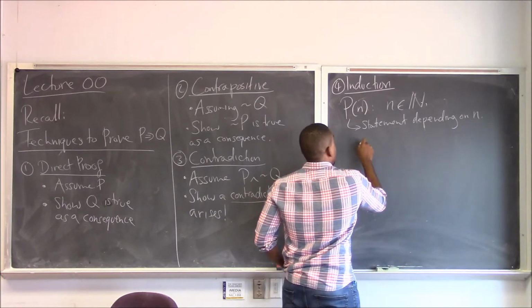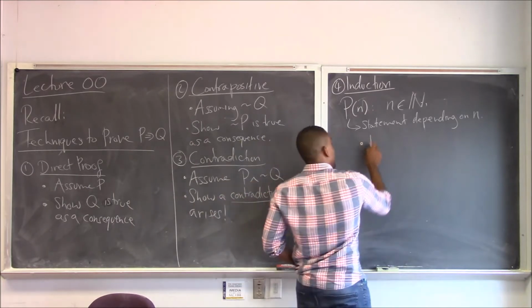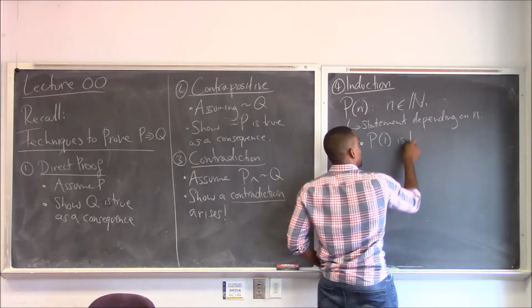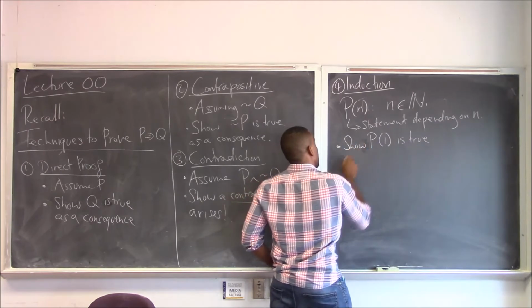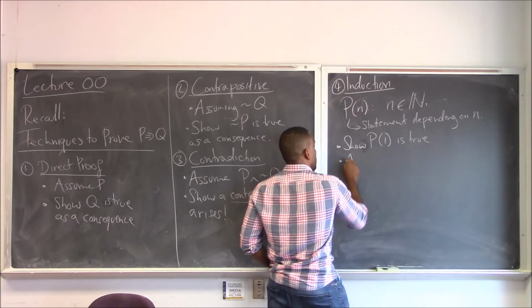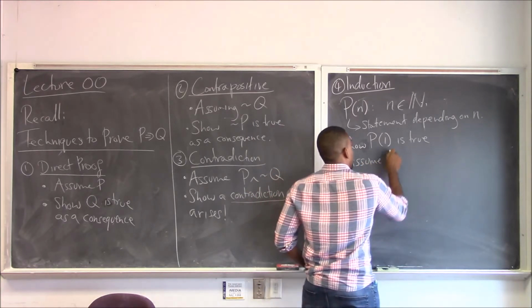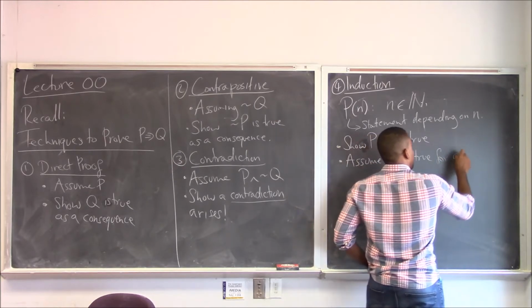And how did we go about proving that? Show that it's true for the first one, show that P1 is true. Then assume true for arbitrary n. Assume P of n true for arbitrary n.